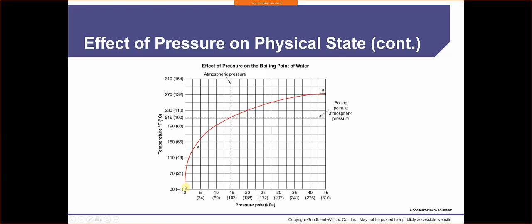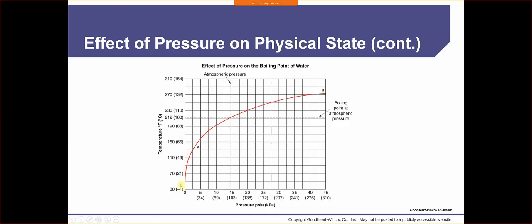Our boiling point for water is actually going to be somewhere around 50 degrees. So at 150, I'm probably at about 3.5, 4 psi. So the indicator for this is that as my pressure decreases, my boiling point of water also decreases.